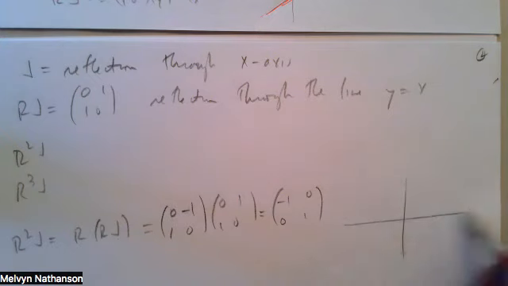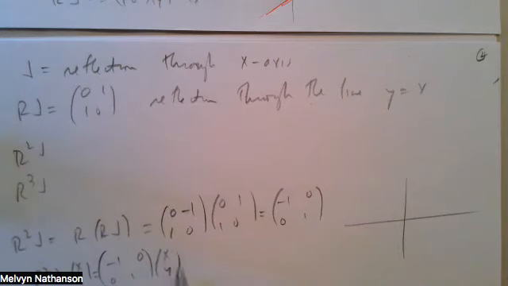And so R squared j of a vector xy is minus 1, 0, 0, 1 applied to xy. That's equal to minus x, y.